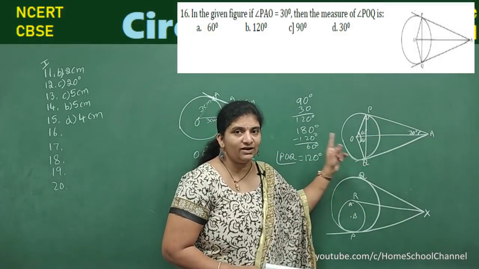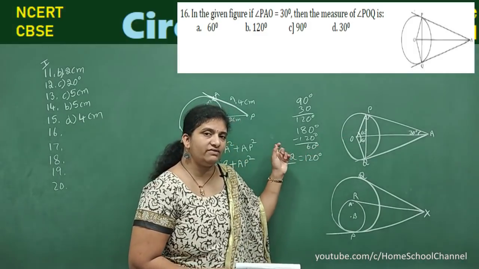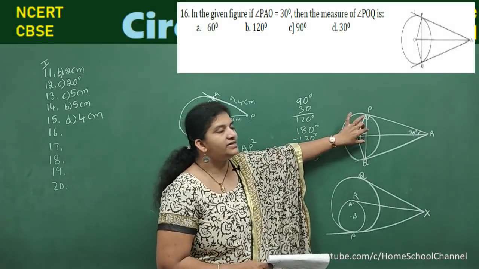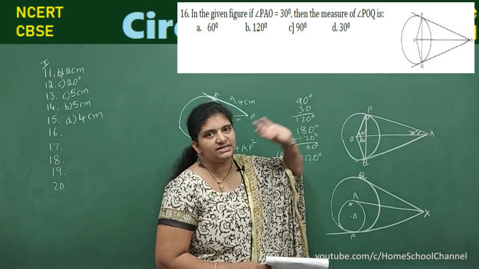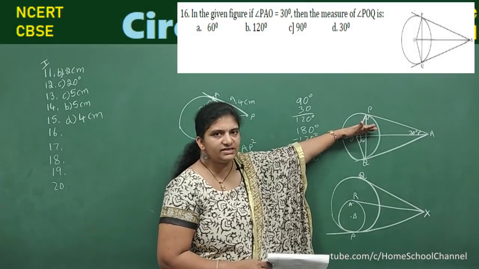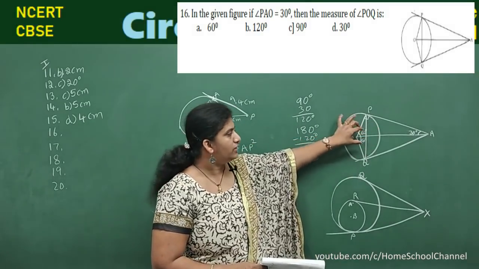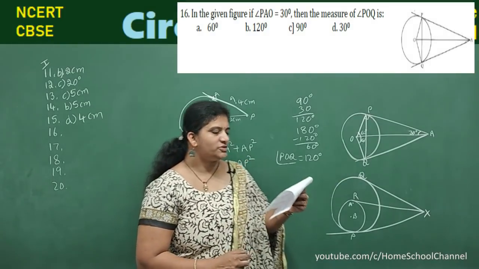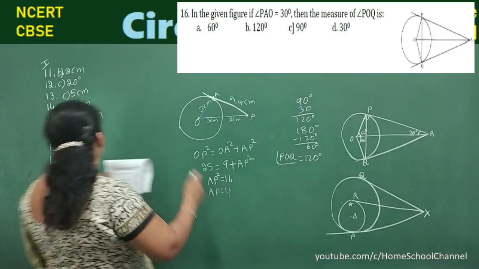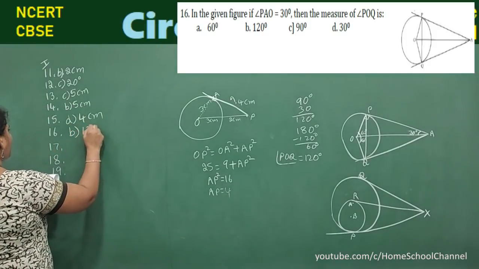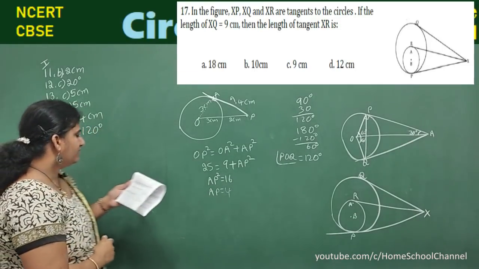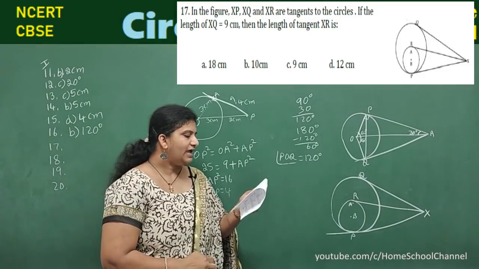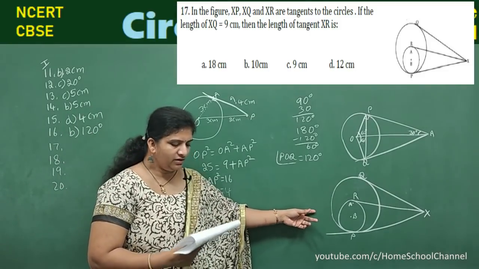Interior angles of a triangle 180 minus 120 will be 60, and it subtends equal angles at the center. If this is 60 then this will be 60, total 60 plus 60 will be 120 degree. So which option is the right answer? Option B, 120 degree. 17th one. In the figure, you can observe this figure.